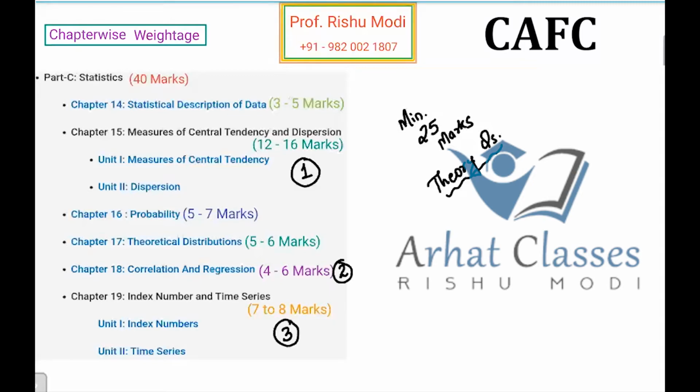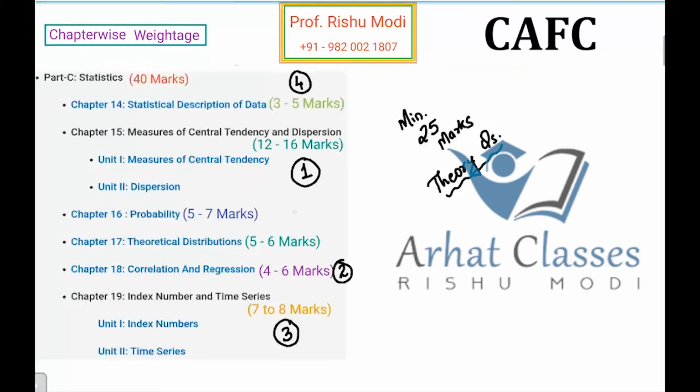Fourth priority, for a non-math student, will be statistical description of data, a full theory chapter, full theoretical. And it is something which is interesting: how to collect the data, how to classify the data, how to present the data, all these things are part of this chapter. Then comes, for non-math students, the difficult part, as well as for math students if they haven't studied it in depth: probability and theoretical distributions.